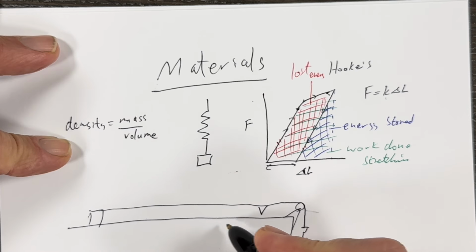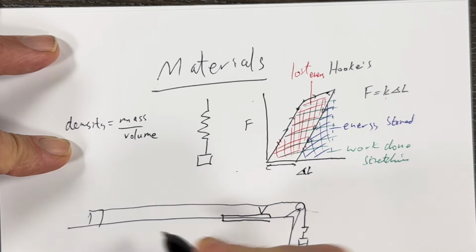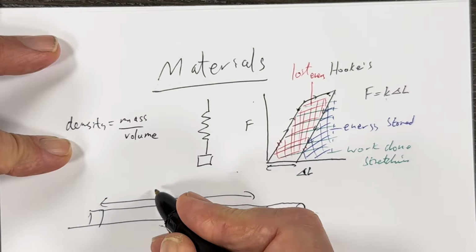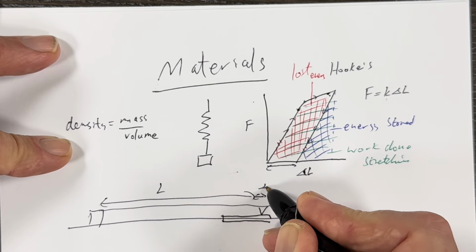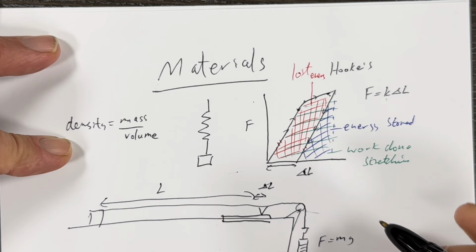then some kind of pointer, and then a ruler, and then we'd want to know the original length of the wire, which is from the flag to where it's clamped. The extra bit it extends is delta L, and then the force applied is mg.